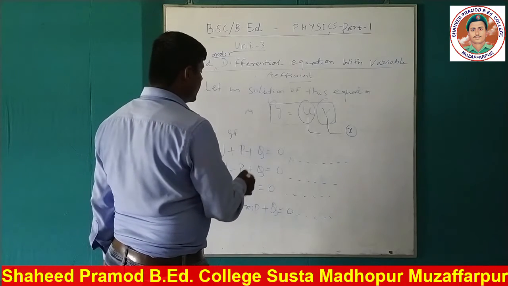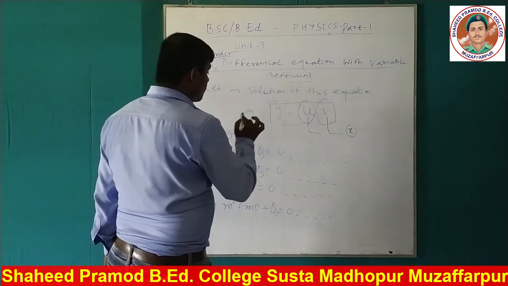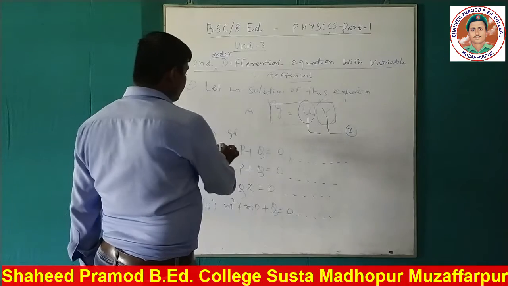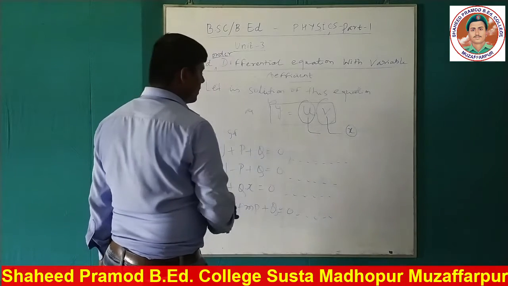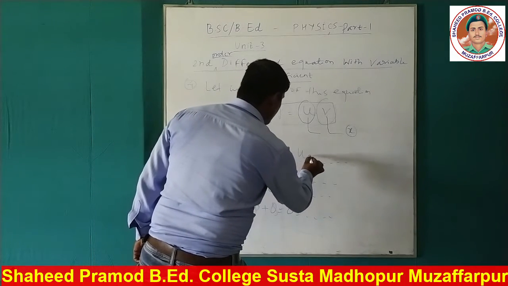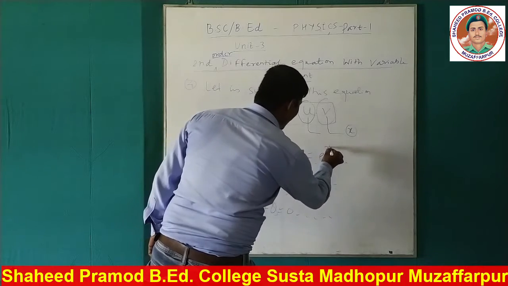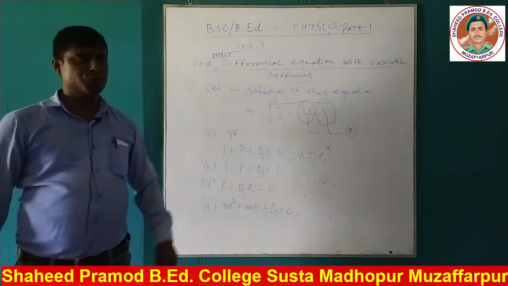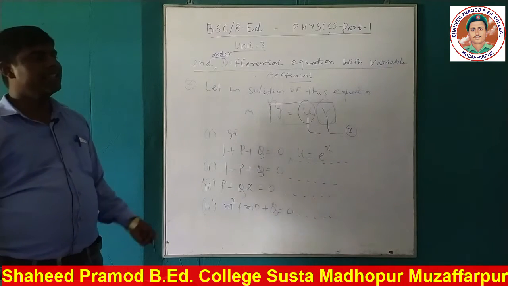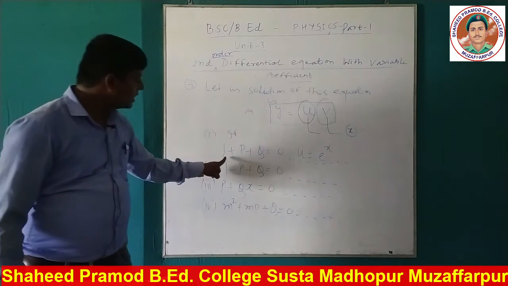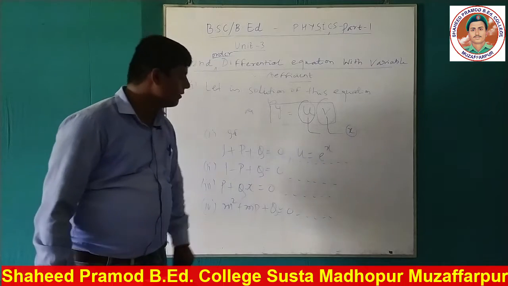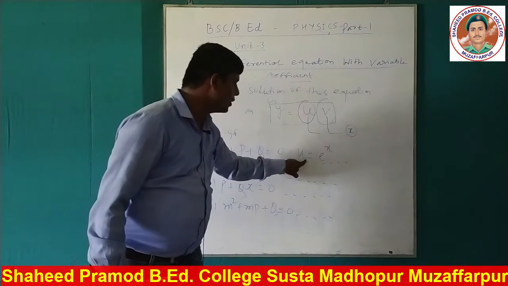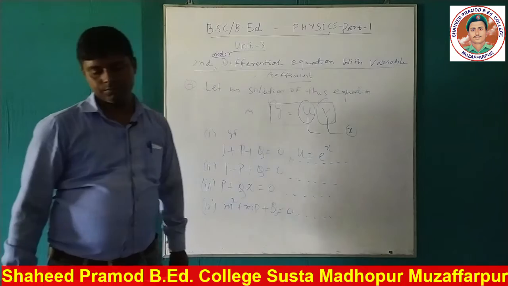They have given a simple trick, you can say. If this condition is satisfied, then the value of u is equal to e raised to x. For any type of equation, if this condition is satisfied, then the value of u is equal to e raised to x.